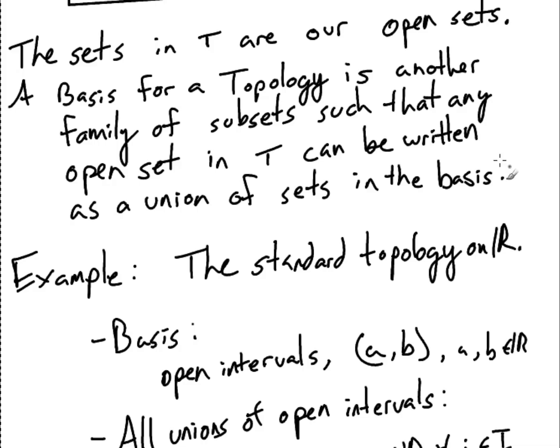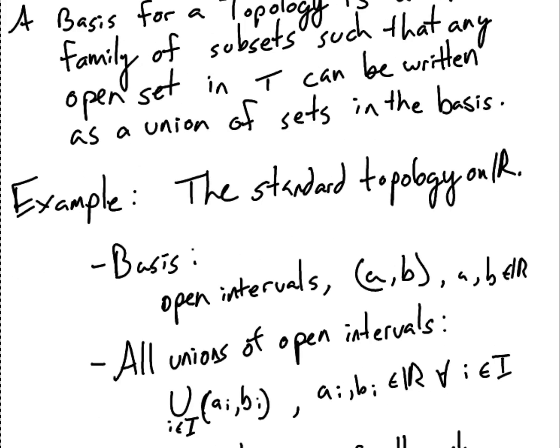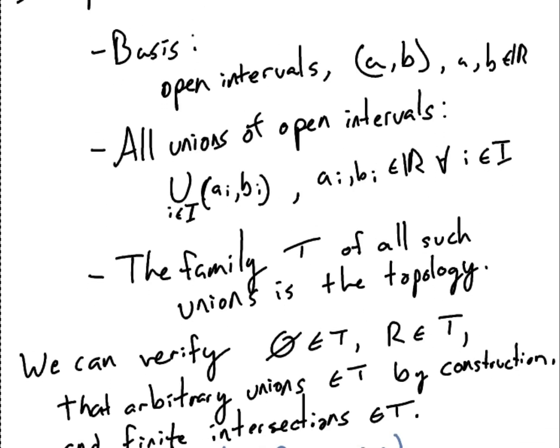So we want to find some collection of open sets such that we can represent the whole topology just by unioning these sets together. Back to the standard topology on R, the basis of this topology is all of the open intervals. So for any two numbers on the real number line, the open interval A to B is going to be an open set. That's going to be in your basis.